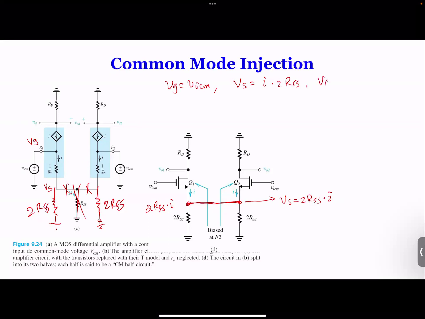So how much is VGS? Can you tell me? The current I comes this way, so this is Vs, and this is VICM. So VGS is going to be VG minus Vs, which you can write in two ways. One way is to write it as I times 1 over GM, or you can write it as VICM minus VSS. No, VICM minus VS.